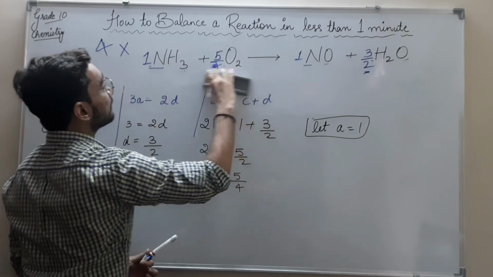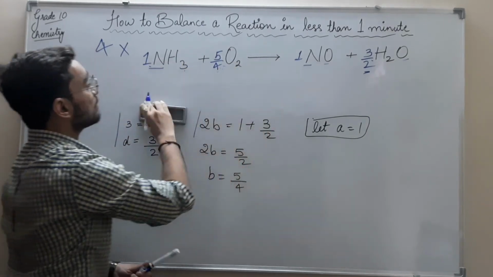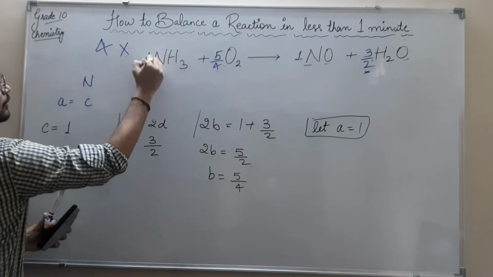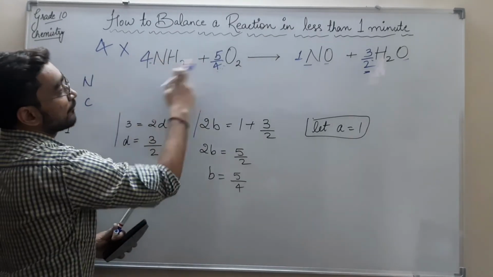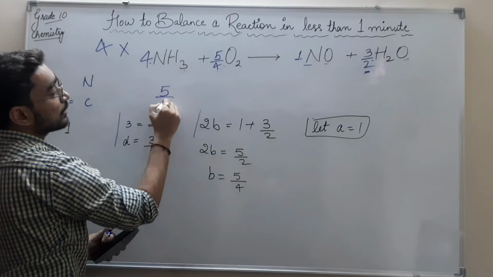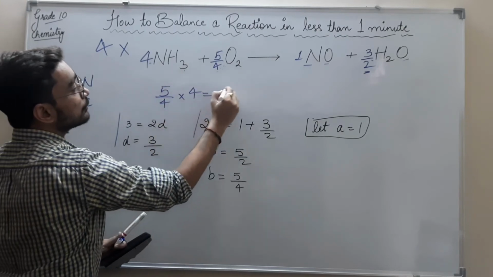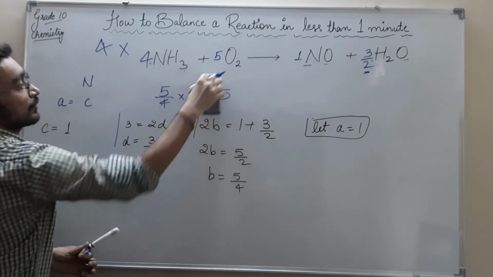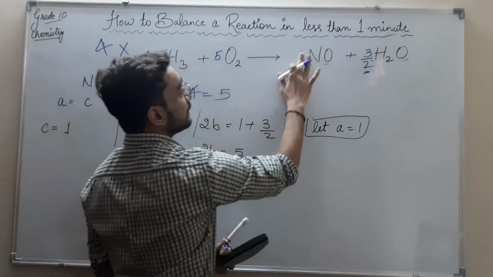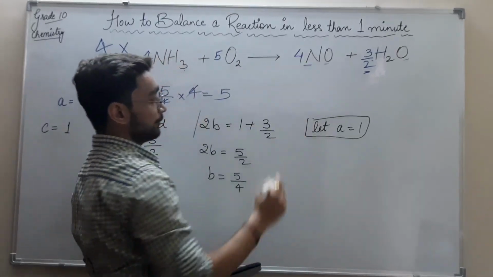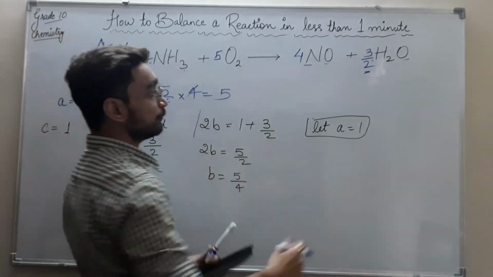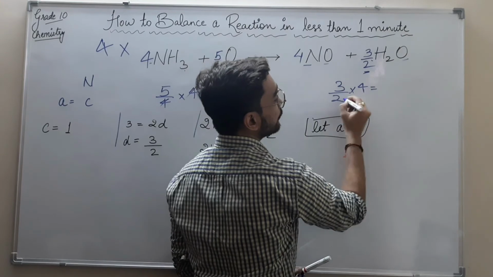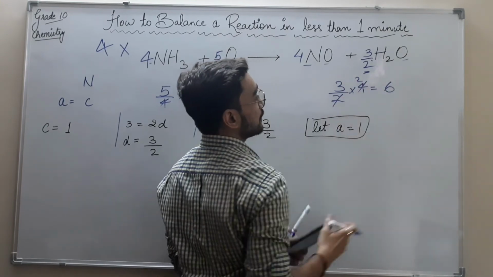If I multiply this complete equation by 4, then what will come? 4 into 1, 4. 5 by 4 into 4 will give you 5. Then 4 into 1 again, it will give you 4. Then 3 by 2 into 4 will give you 6.